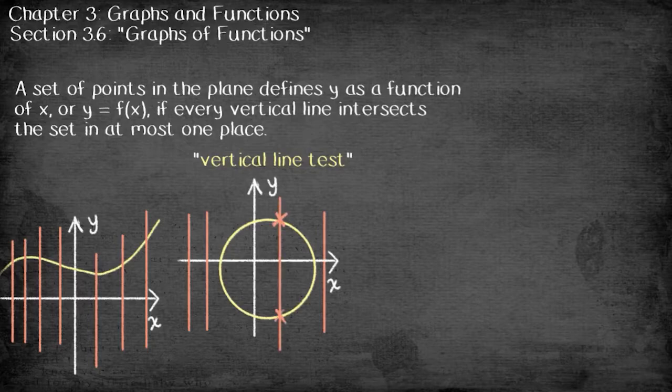And we see here for this circle that we have vertical lines that intersect the graph in two places. So this first guy was a function. This second one is not.